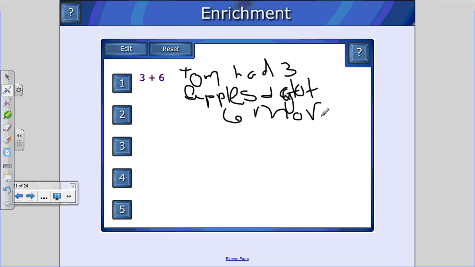I do not have very good handwriting. Apologize for that. So he had 3 apples and then got 6 more. So 3 plus 6.